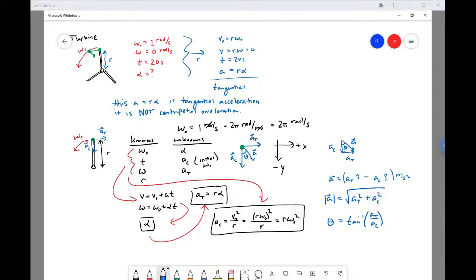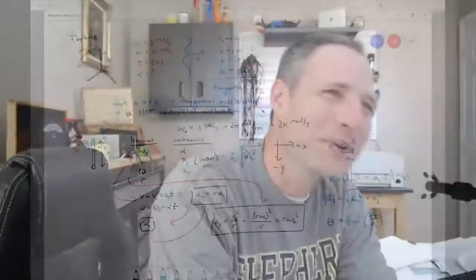Because the turbine is rotating and it's slowing down, it has a rotational acceleration, an angular acceleration, an alpha.